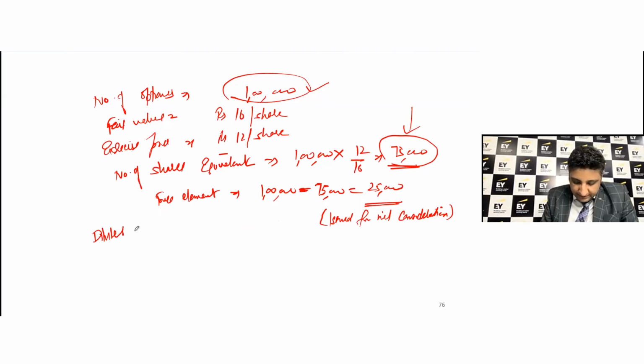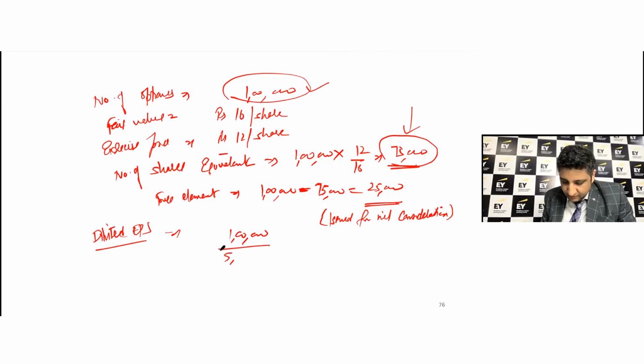So we are saying that the diluted EPS should be calculated at my profit for the year, which is 1 lakh, divided by 5,25,000, and when I do this calculation, that gives me approximately 19 paisa per share. Okay, that's a way. All right, you start applying the measurement criteria or the calculations, let's say, for dilution in case of options.